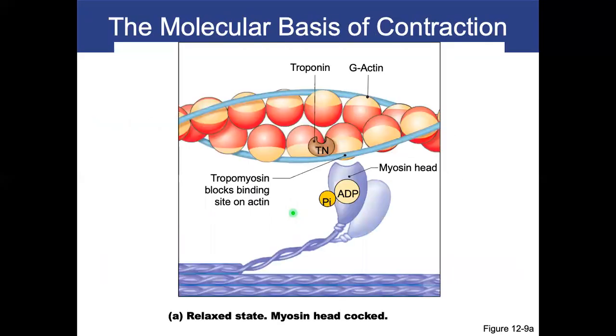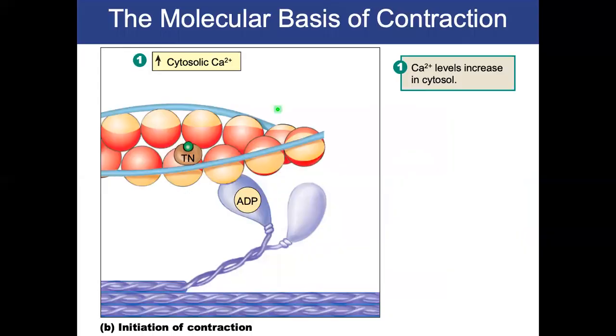Okay, so let's take a look. What binds to troponin to move tropomyosin out of the way? Good. So calcium's released, it binds to troponin, moves tropomyosin out of the way so that actin can bind to myosin, right?